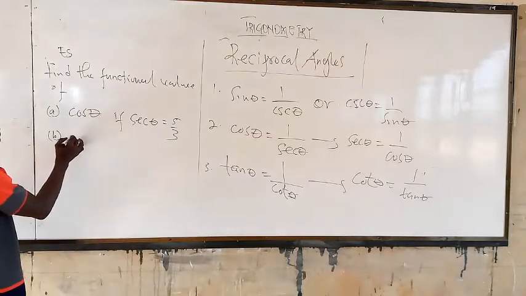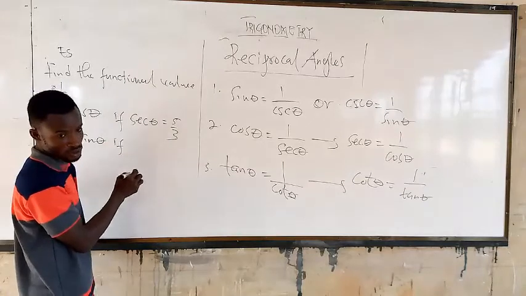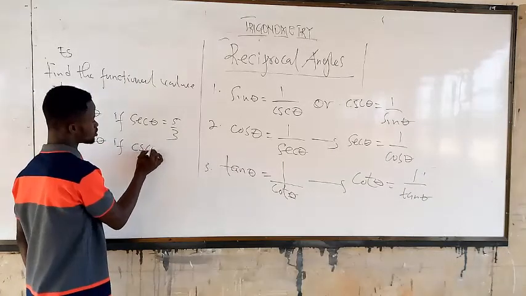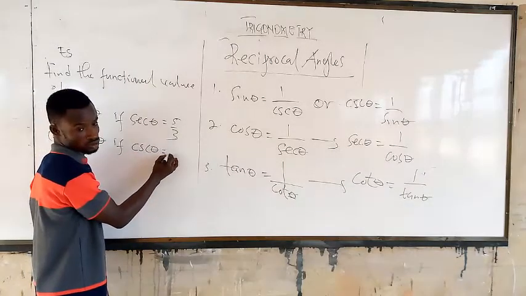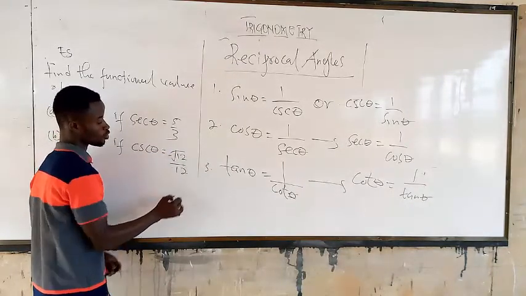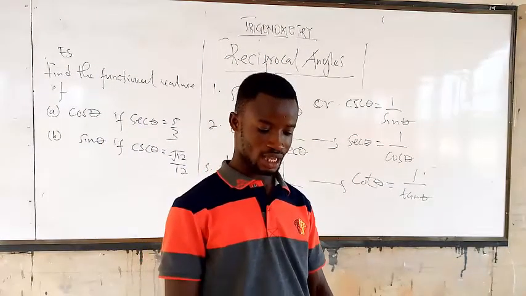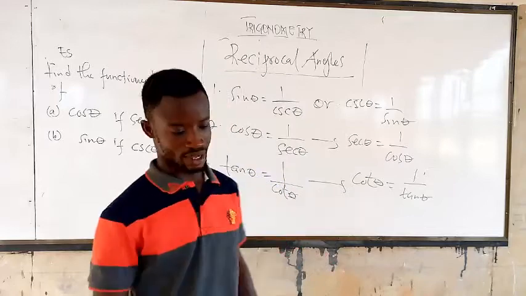B, sin theta if cosec theta is equal to negative 12 over 12. So I may do one so that you do the rest.